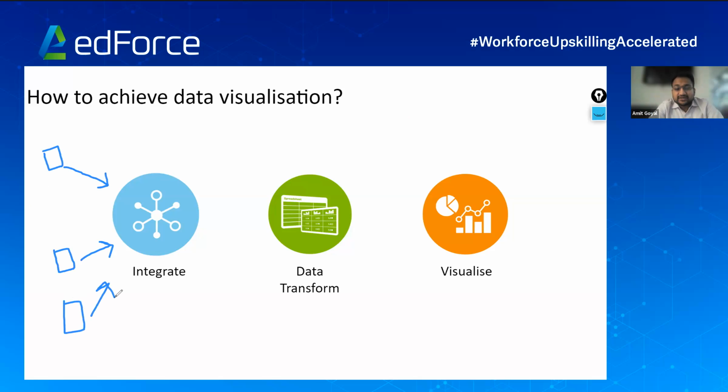So there are a number of means through which data is generated. The first step is to bring all your data to one single place. This is not just with Power BI; it applies to any BI tool or BI activity. It's a generic process that we follow. So we bring all the data from different data sources to one single place.